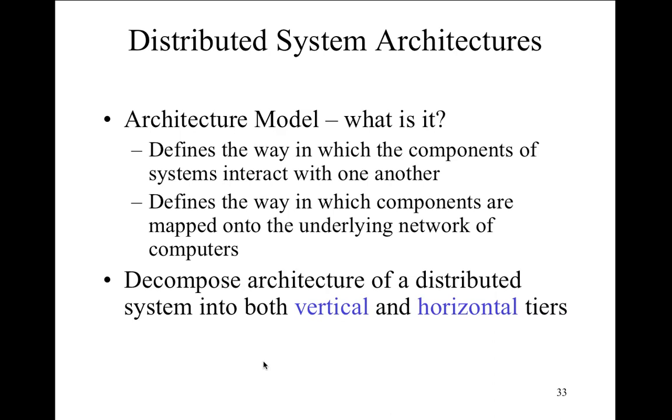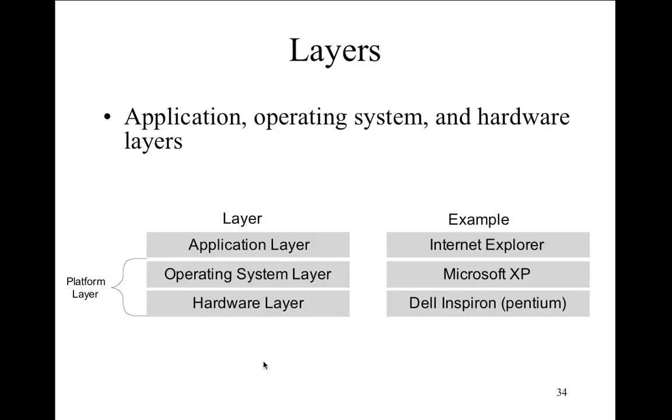So, architectural model, what is it? It defines the way in which components of systems interact with each other. It defines the way in which components are mapped onto the underlying network of computers, and it's the decomposing of the architecture of the distributed system into both vertical and horizontal tiers.